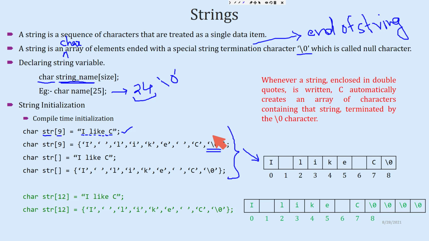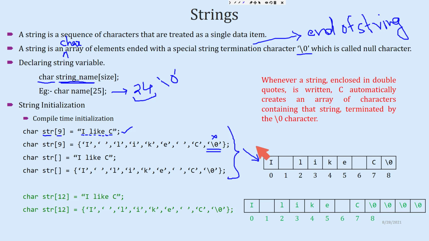Otherwise, if I don't mention it, it will be treated as just a character array. The difference between a string and a character array is that a string ends with \0. If there is no \0, it will be treated as a character array. Since here I have a \0, it is still a character array, but it will be treated as a string.